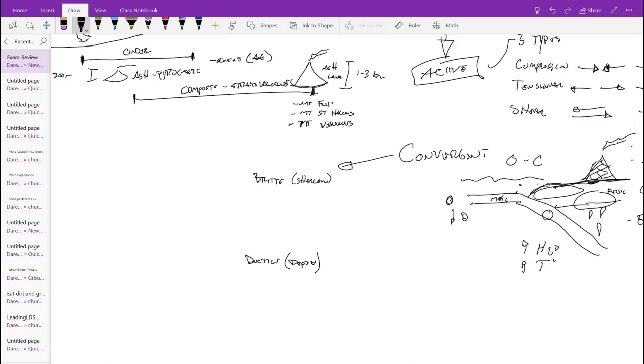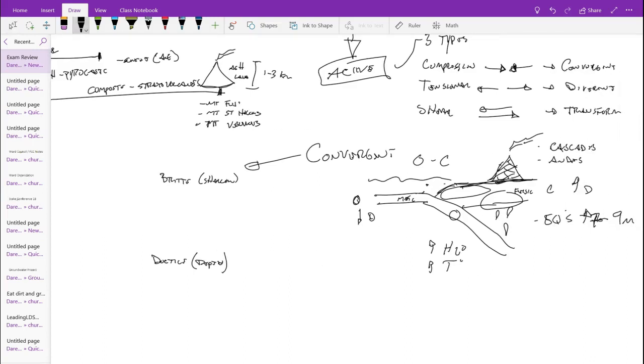Now remember, with ductile deformation you're going to get folds. Maybe the crust is converging together, and that's going to start to form into these folds. So now you have an anticline here, and a syncline here, and maybe another anticline here.